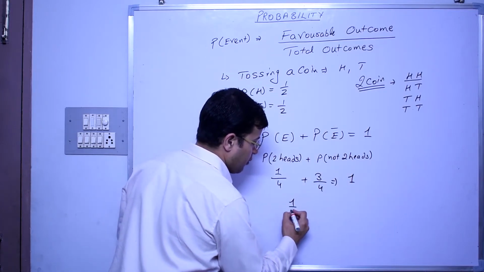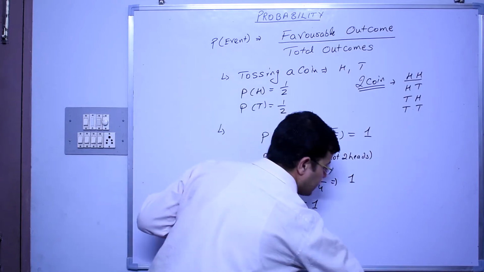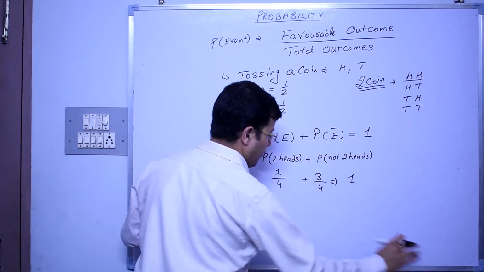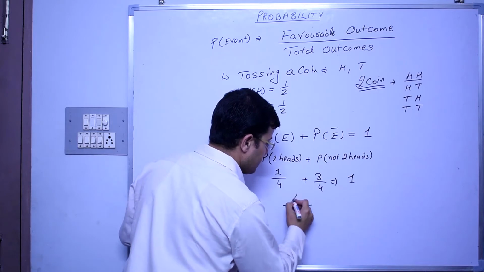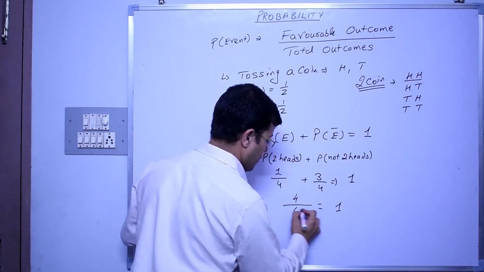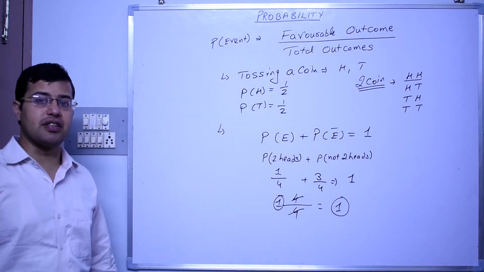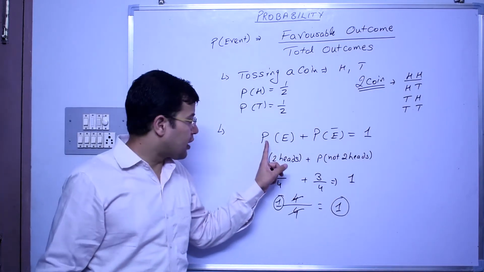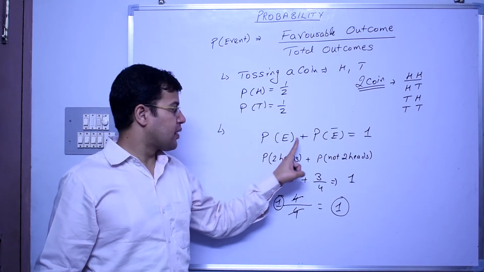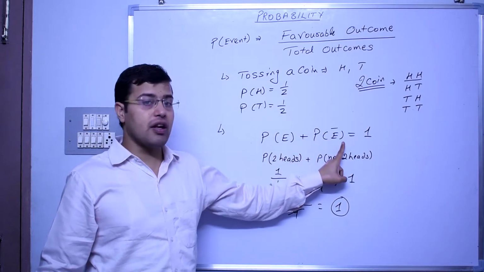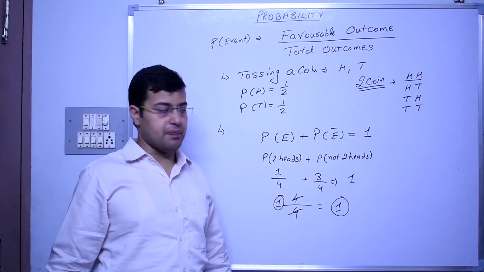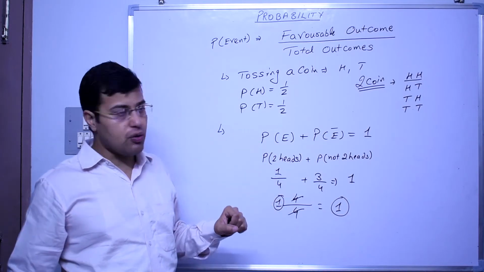Yes, we take the LCM, which is 4, this cancels out, and my RHS is equal to LHS. So it is proved that the probability of an event and the probability of not that event sum to 1. So the total of the events is also 1.